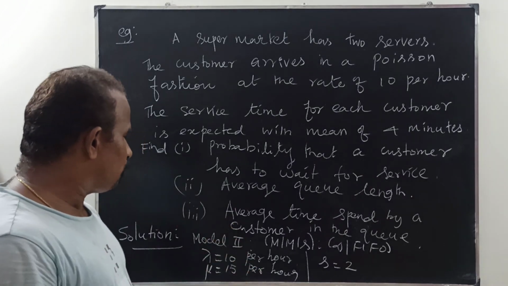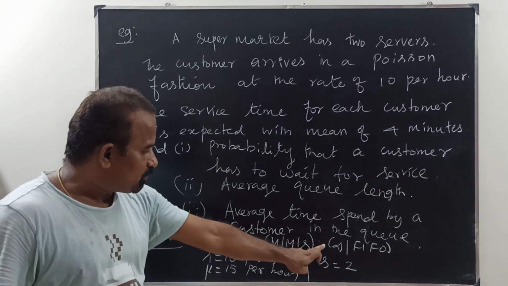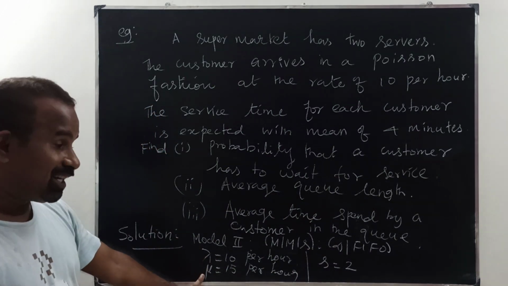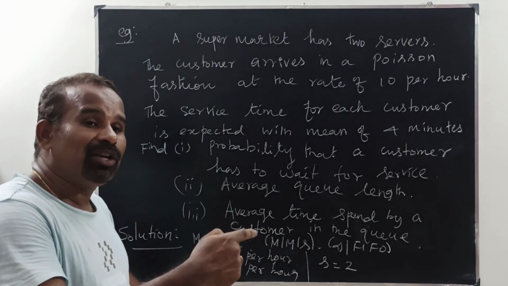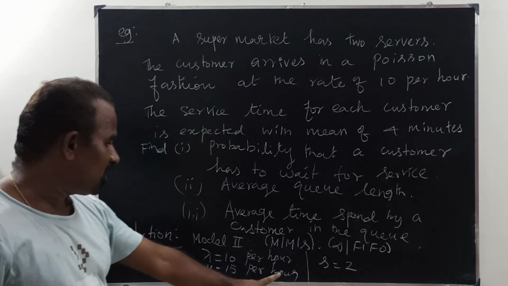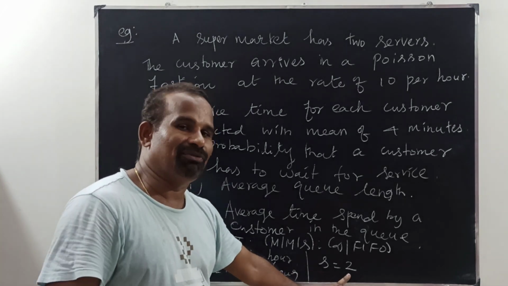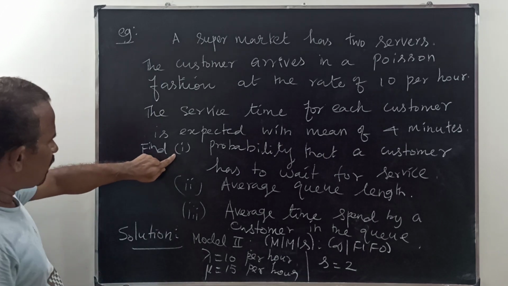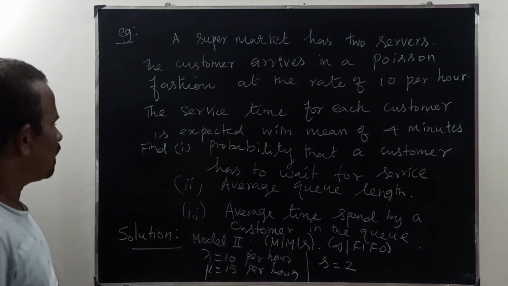So mainly we first have to decide which model the problem comes under, then what is the rate of arrival, then what is the rate of service, that is, in 1 hour how many customers will be served, and S is the number of servers. Using these, we are going to solve one by one.